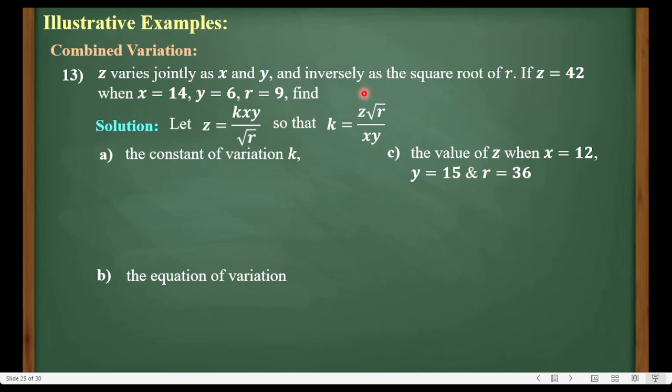And of course, we use this equation to compute for the value of k in letter A. We use the initial values of these four parameters: z is equal to 42, x is 14, y is 6, and r is 9.